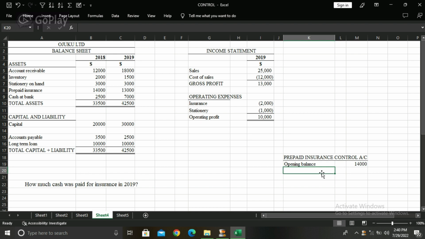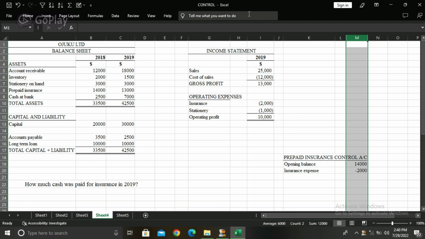So let's look at our insurance expense. Our insurance expense in this case is 2,000. So we are going to subtract this 2,000 from our prepaid insurance. So it's a subtraction. Now, during the year, have we deposited some amount of money with the insurance company?